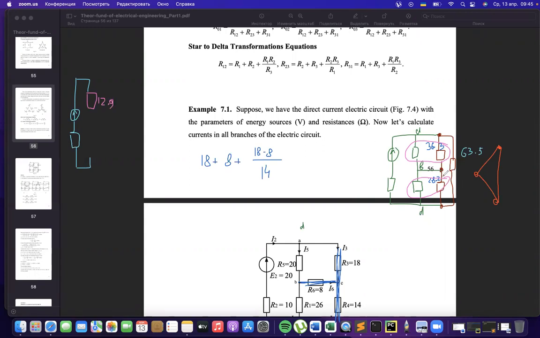Then instead of the bottom 2 in parallel, 28.2 in parallel to 26, it will be 28.2 multiplied by 26, divided by their sum, 54.2. It will be 13.5.